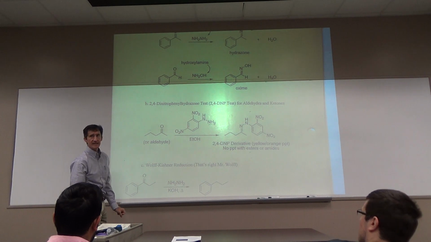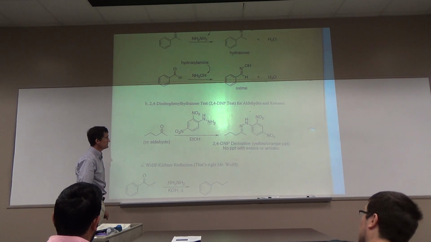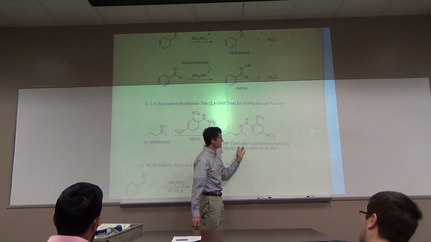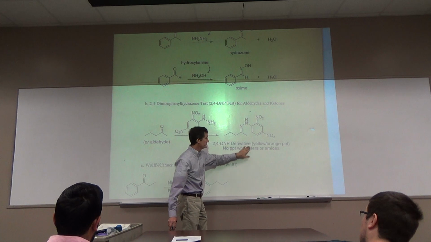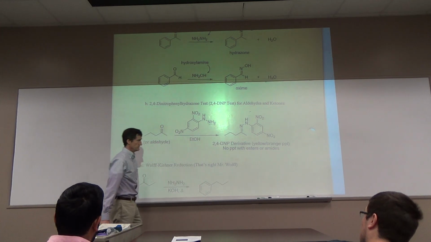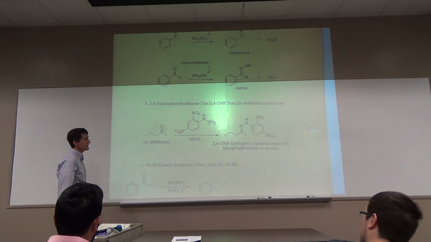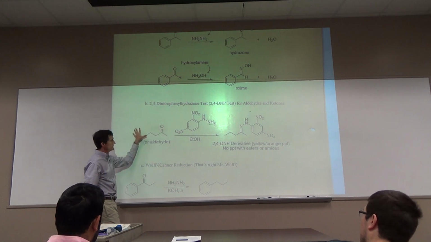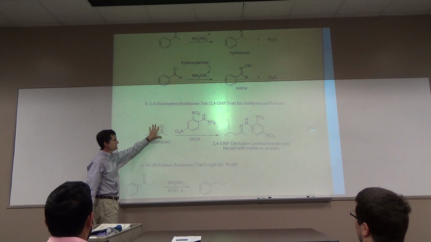Why is this a chemical test? Typically, these are very crystalline. They'll give a precipitate. It's usually yellow or orange. Usually the starting compounds are liquids or not as crystalline.